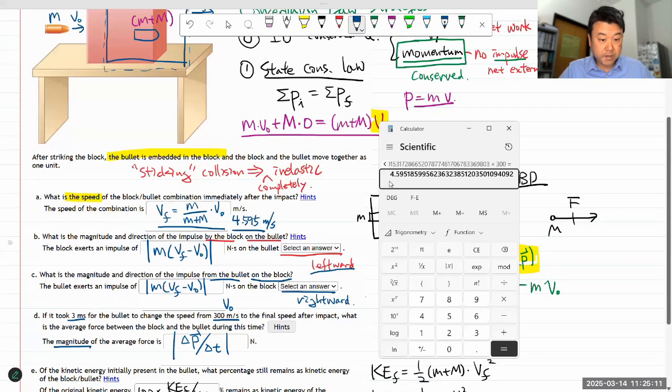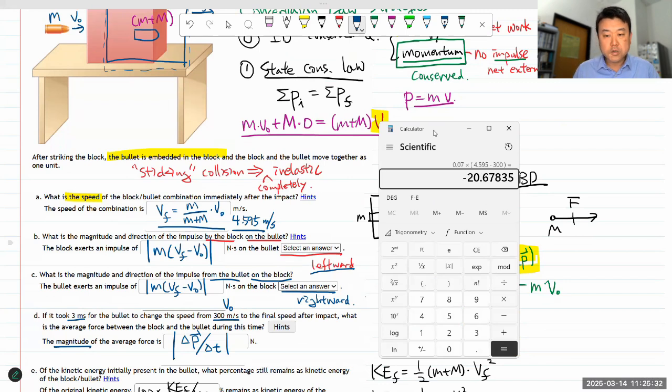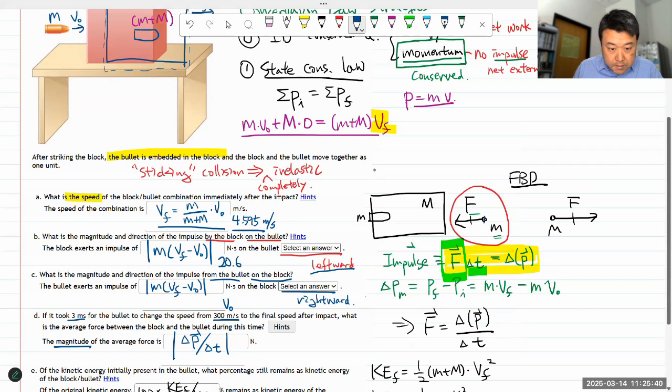So the magnitude and direction of the impulse by the block on the bullet should be the mass, 0.07 kilogram, times the parenthesis open, 4.595 minus 300, parenthesis close, is equal to minus 20.68, or in absolute value, 20.68.